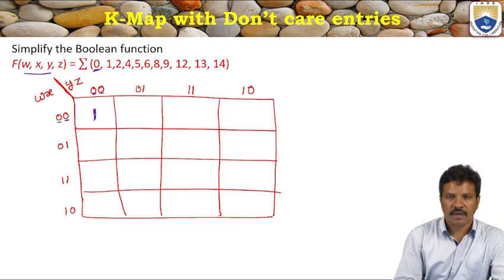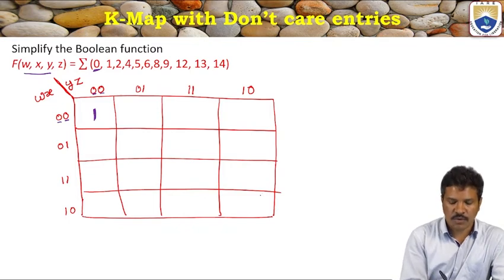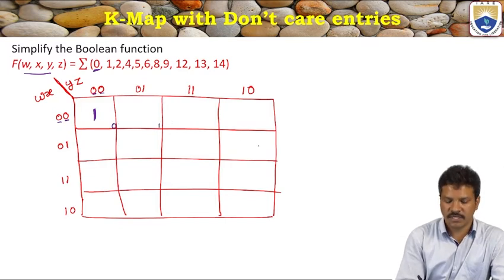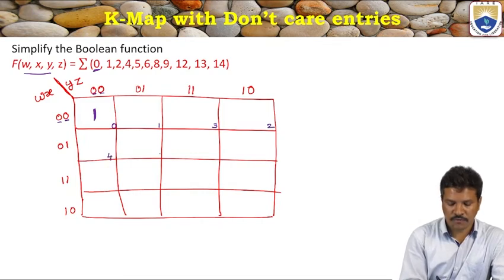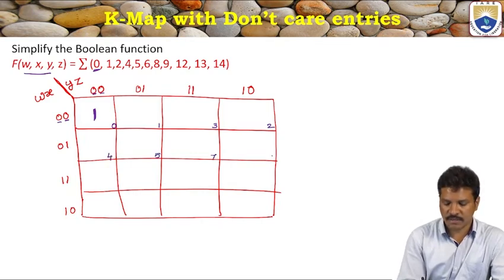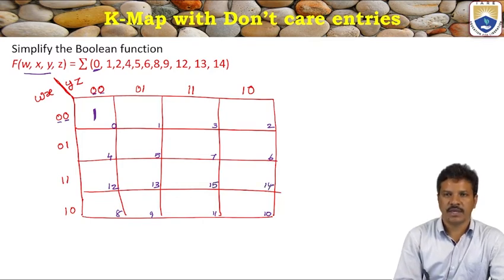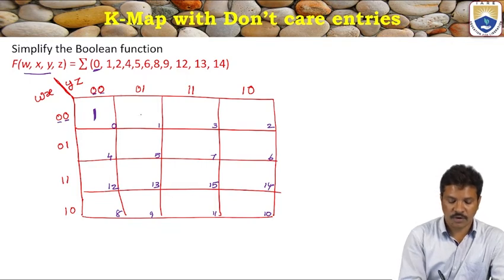Next, it is better to first represent the square boxes in decimal numbers: 0 1 3 2, 4 5 7 6, 8 9 11 10, 12 13 15 14. So wherever the number is listed in the function, we put 1, otherwise 0.